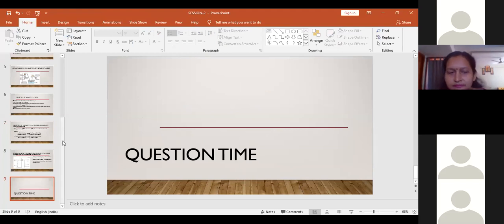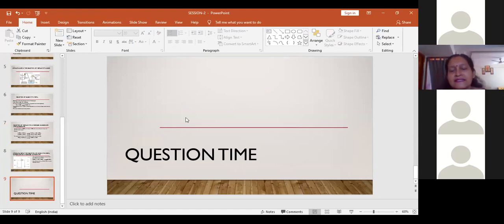Vivek, which gas is formed during the reaction of metals with acids and bases? Hydrogen gas. Yes, correct.